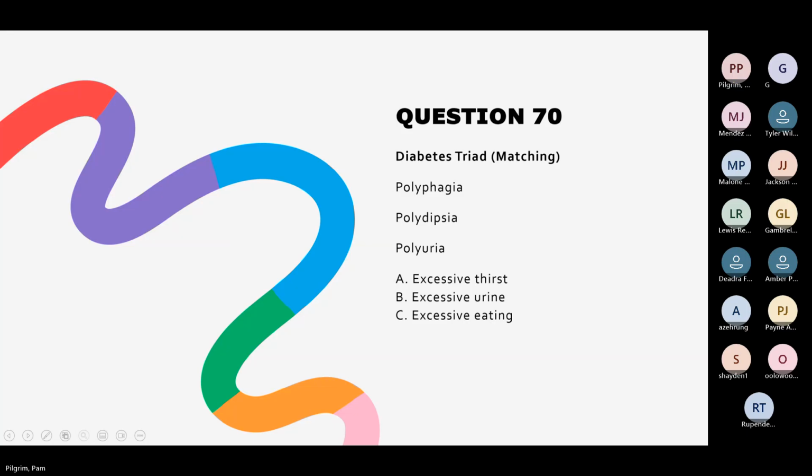Okay. So polyphagia is excessive eating. Polydipsia is excessive thirst, and polyuria is excessive urine. Those are the triads for diabetes, the three things that you watch for.